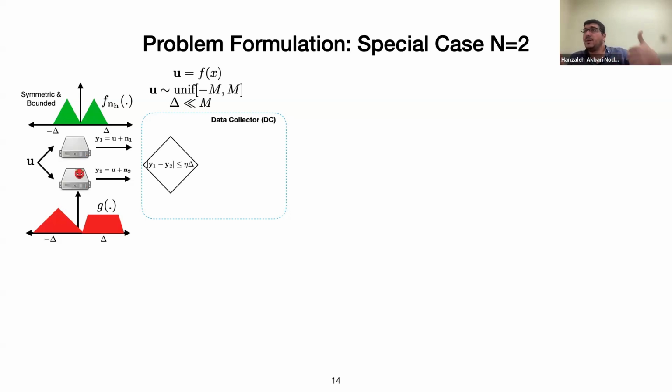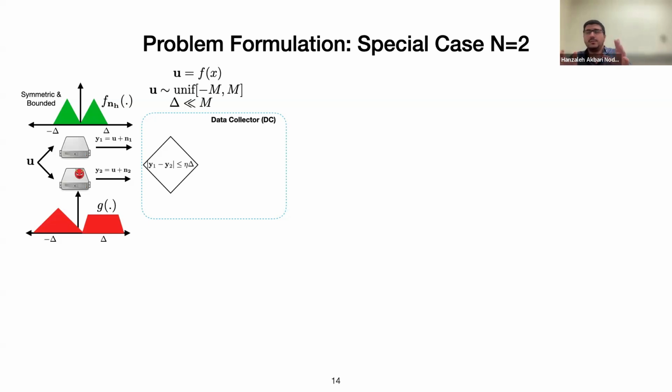But if you remember, I told you that the data collector is compromising accuracy for the sake of liveness. So it means that now I'm going to choose eta bigger than 2.